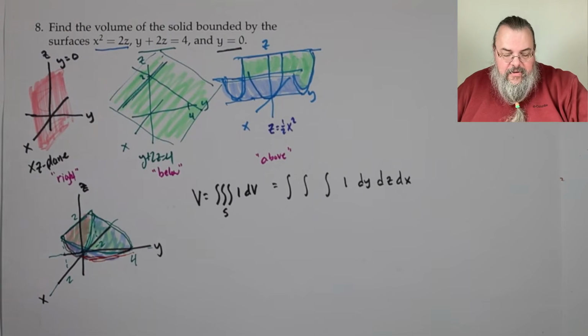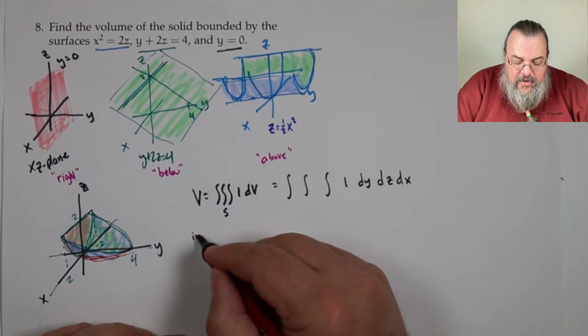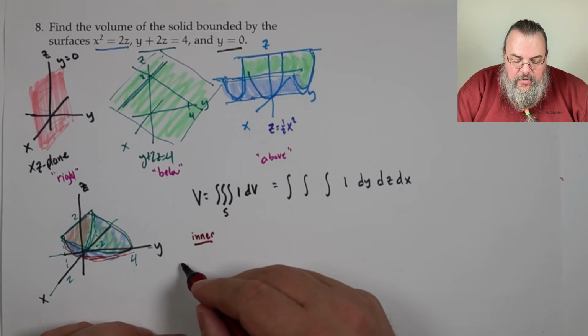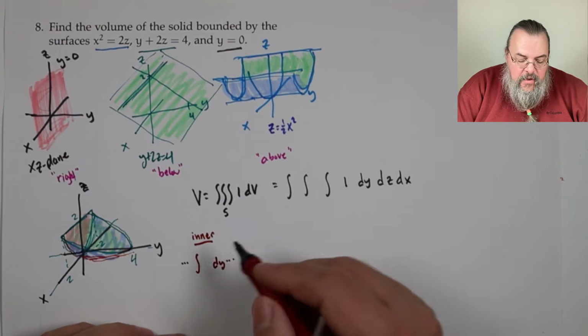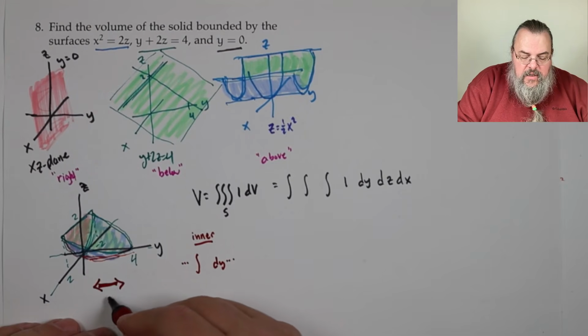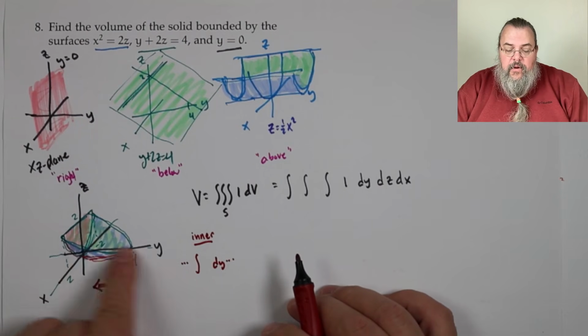Okay, so let's do the inner part. By this point, we're pros. So we're integrating with respect to y. So the y direction, that's a left-right motion. What are we going between?